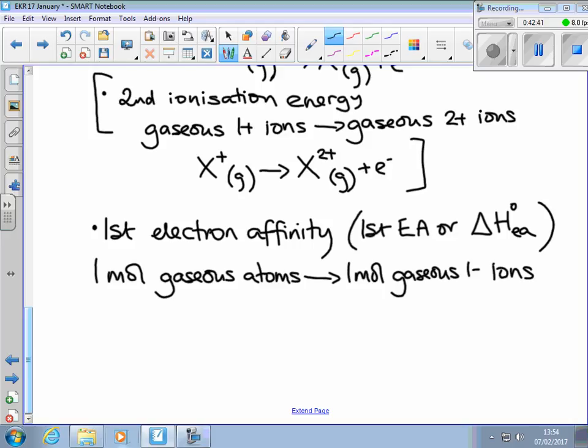So this time I'll better use a different letter, let's use Y. This time we would be adding an electron to it and getting our gaseous 1- ion over here.